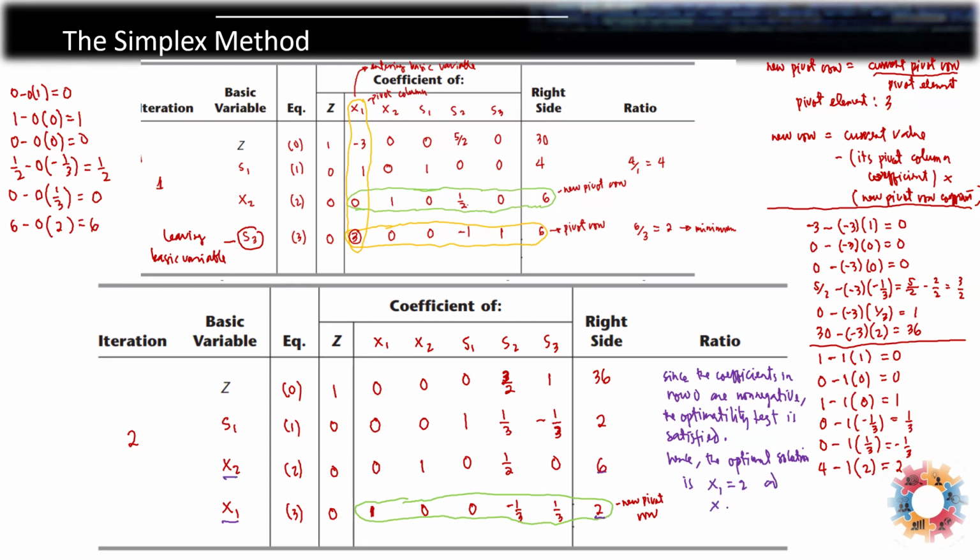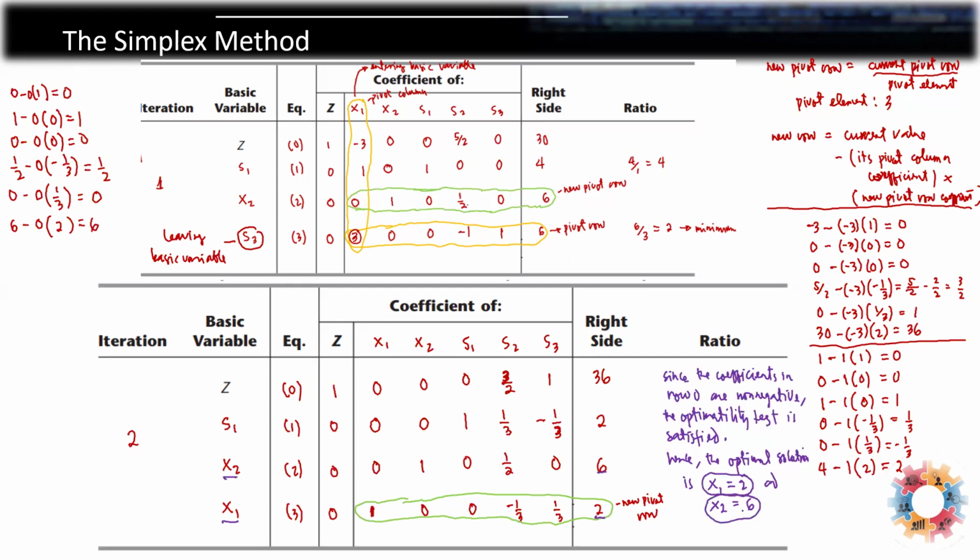So those are the values of your decision variables so that the objective function will get the maximum solution or optimal solution. Okay, x1 equals 2 and x2 is equal to 6.